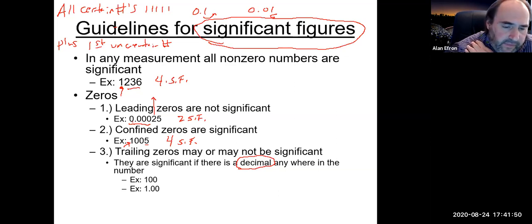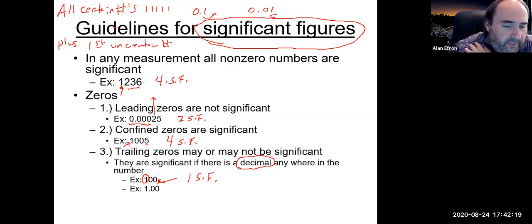So when we look at this guy here, if this was a measurement, that 100 written like that, there's absolutely no decimal in that number the way it's written. So that would imply that the 1 here is the only significant figure. So this would have 1 significant figure. The other 2 would not be considered significant figures because there is no decimal point in it.